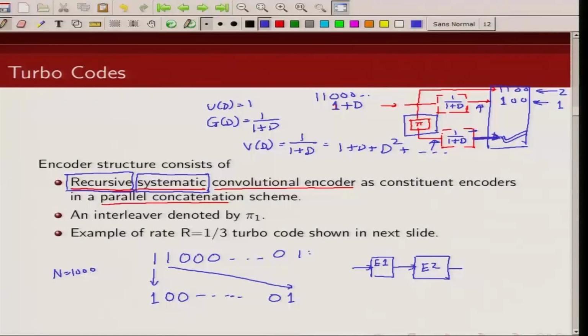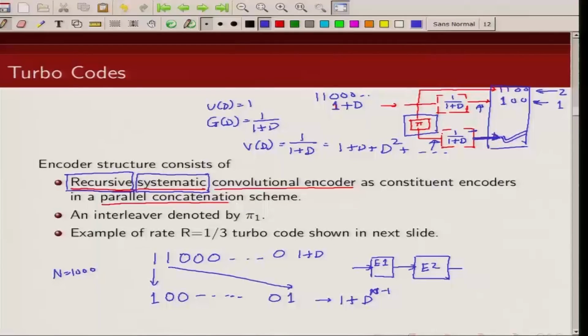So, this was your 1 plus d, and this becomes 1 plus d raised to power, let us say n minus 1, because the way you design this interleaver, it rearranged the bits in such a way that this bit was put here, this bit was put here, and other zeros were put in between.